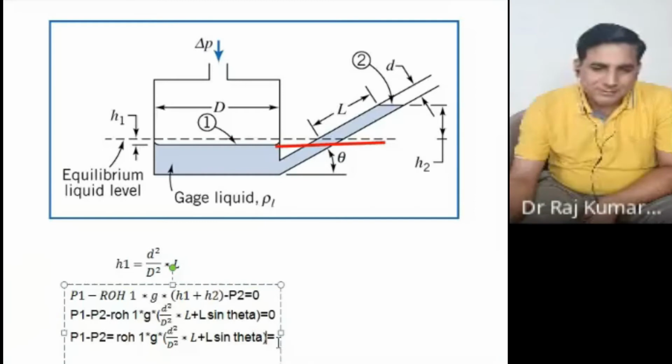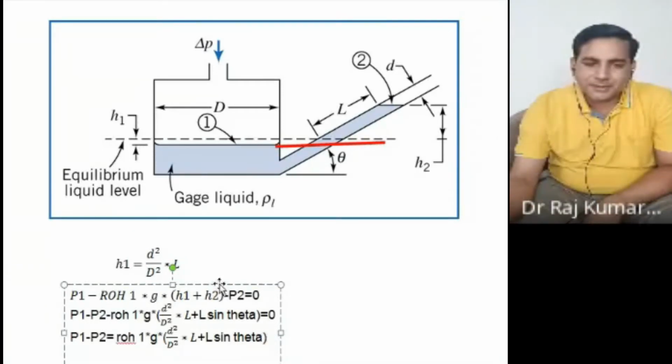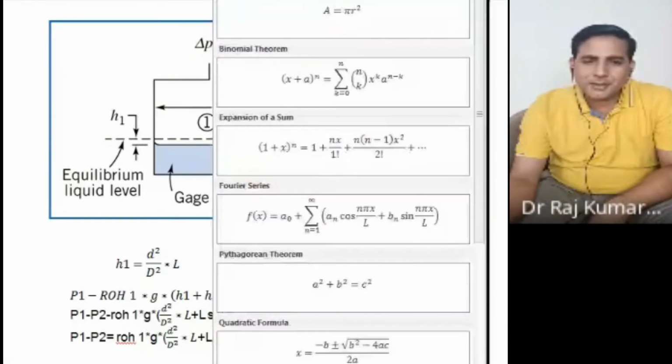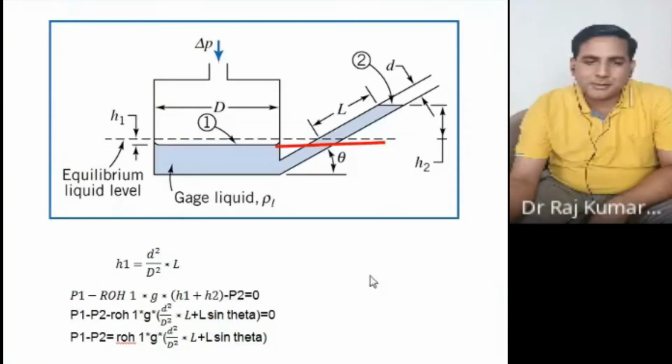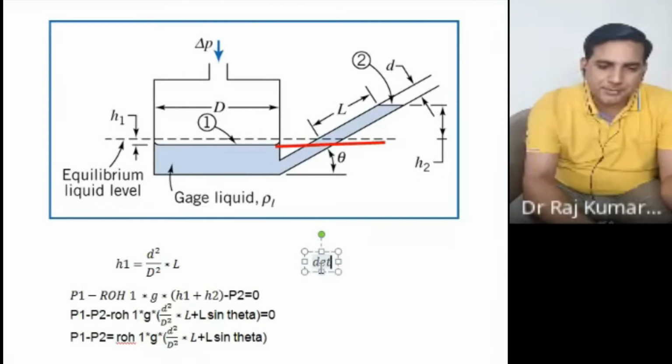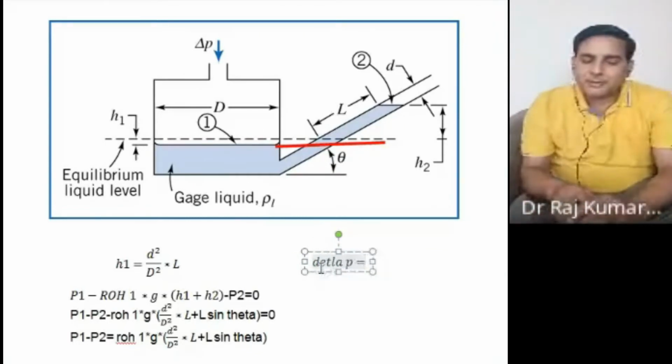Okay, let's see. So you have this now. Up to here it is fine for this one. Now you want to calculate delta P with the help of the water column. So what to do for that? You have this delta P and you want to write it in terms of water.